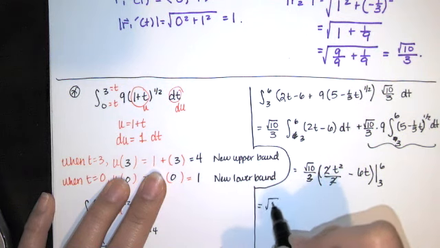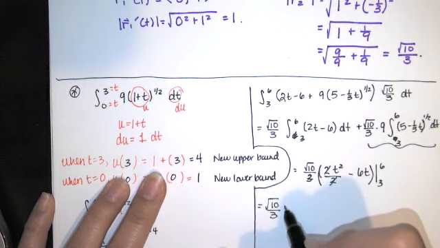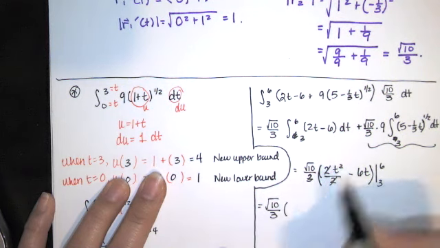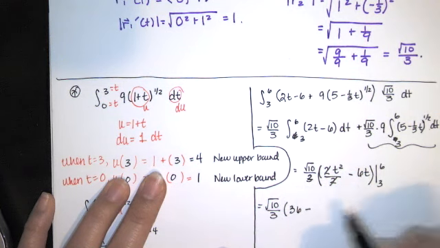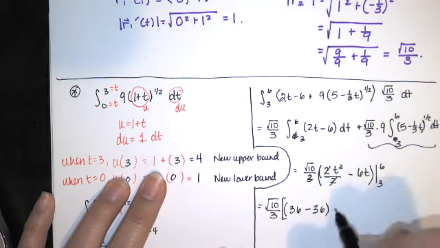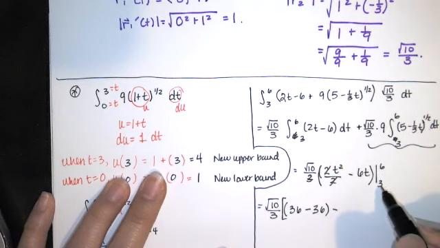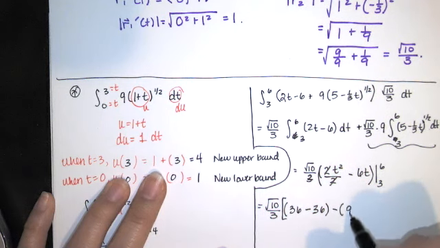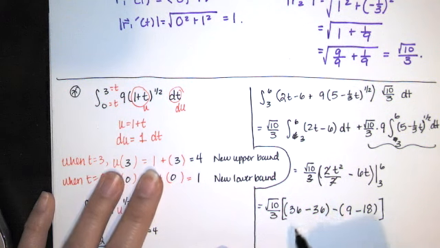And so we'll have the square root of 10 over 3. At 6, we get 36 minus 36. Okay. And then at t equals 3, we're going to have 3 squared, which is 9, minus 6 times 3, which is 18. So you have 0 here, and this is a negative 9.